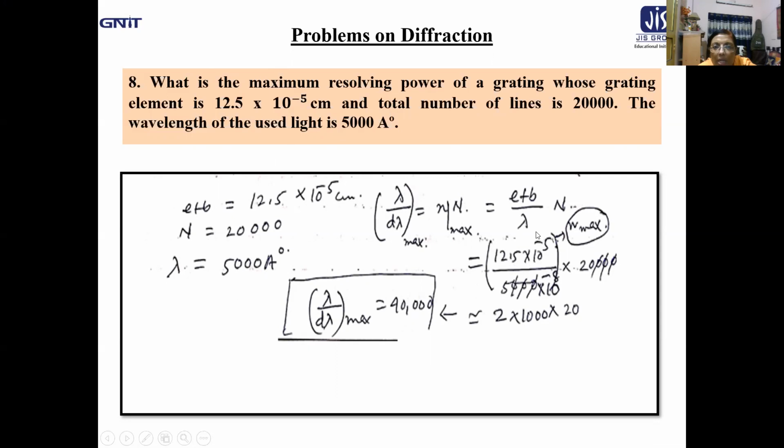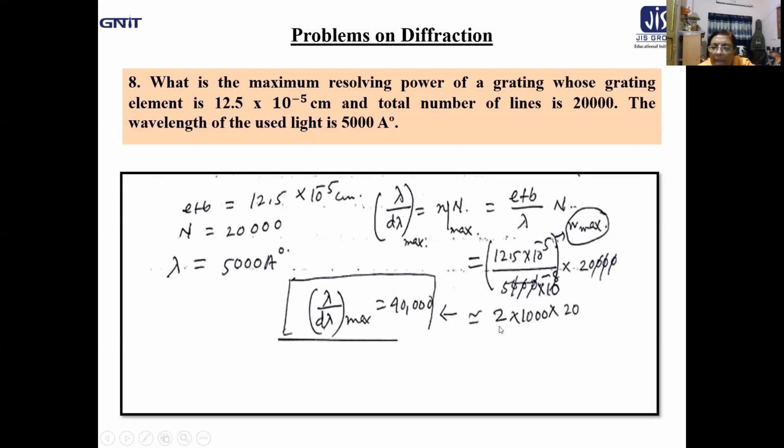Now lambda is in centimeter, so 5,000 into 10 to the power minus 8. Now N is given as 20,000, the total number of lines. But mind it, we have to get n maximum out of e plus d by lambda. Clear? From this factor, you will find the whole number n max equal to 2.